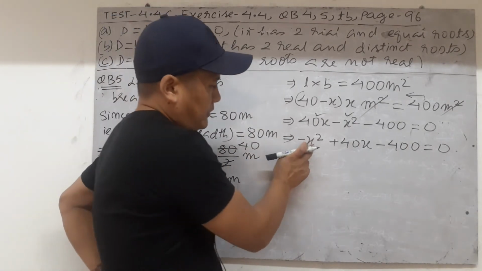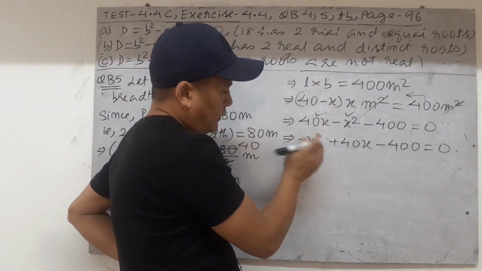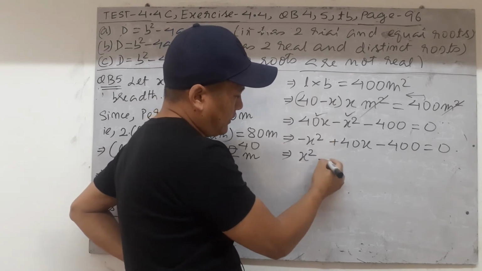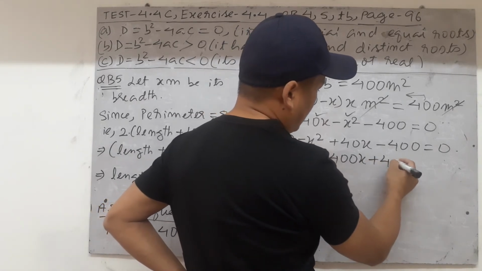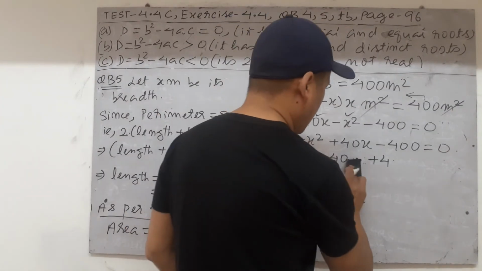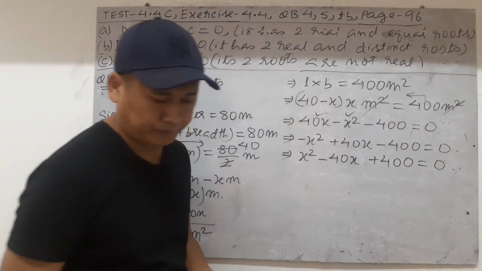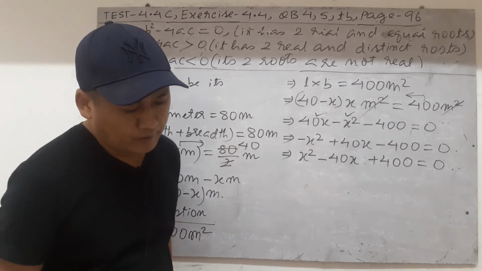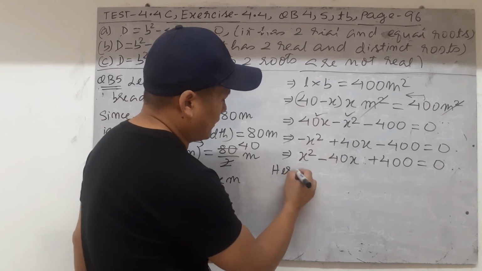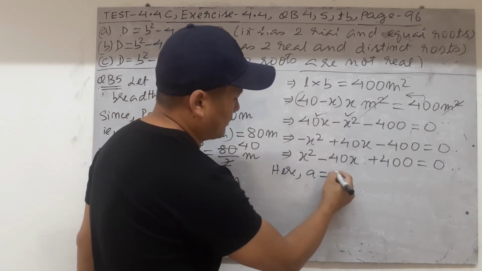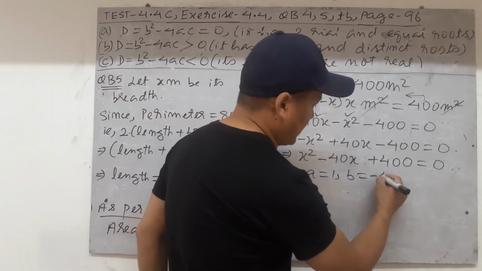Usually we write a quadratic equation with the first term positive, so change minus x squared to plus x squared, provided we change the rest: minus 40x, and plus 400 equals 0. So we have the quadratic equation. Our a value is the coefficient of x squared, no number means plus 1. b is the coefficient of x, in front is minus 40, so b is minus 40.